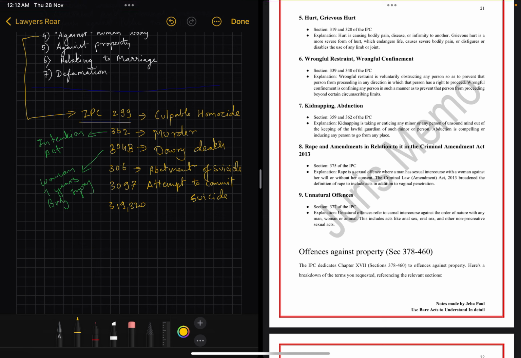These two come under sections 339 and 340. So if someone is trying to stop you, you can put a case under 339, it will be wrongful restraint.